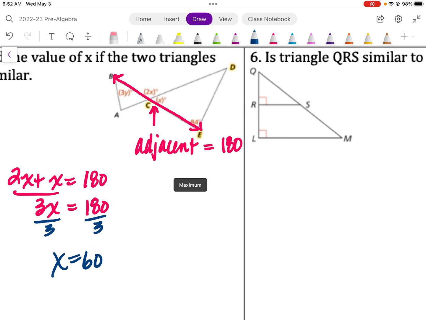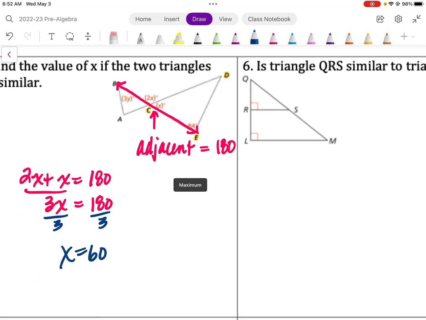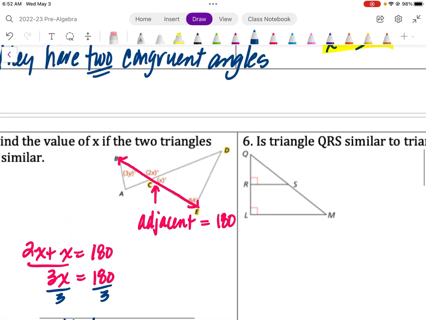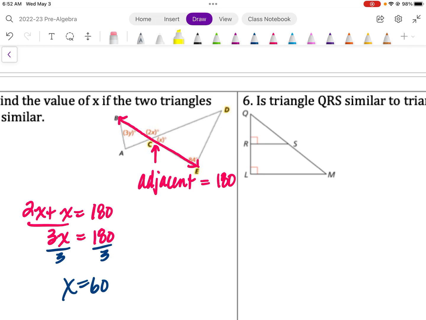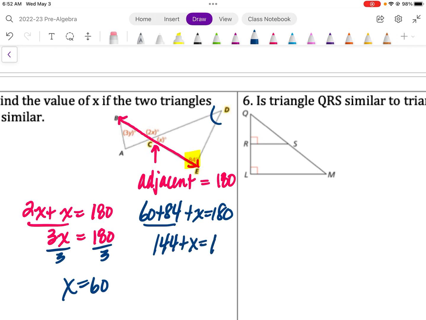I think that measure in the corner is 84 right here. So if I wanted to check that, I could do 60 plus 84 plus x equals 180 and find the measure of this missing angle up here, angle D. So that would be 144 plus x equals 180, and then subtract 144.